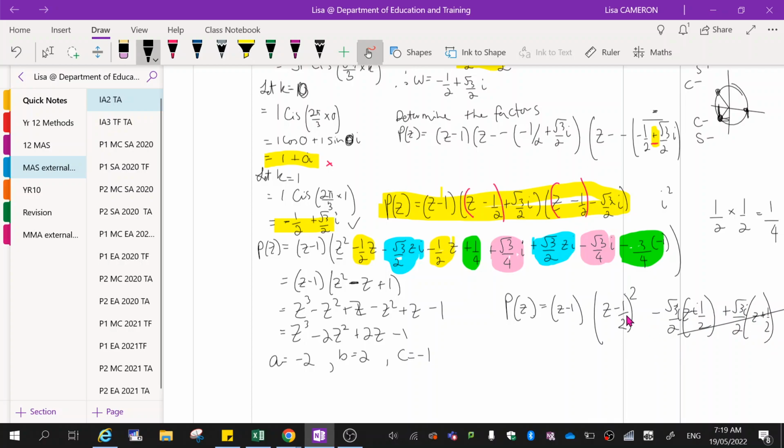So those two bits in the middle cancel, and then you're just left with this on the end times that on the end. So I'll write this down here. That times that will make minus 3 on 4i. So their expression that they end up with at the end looks like this.